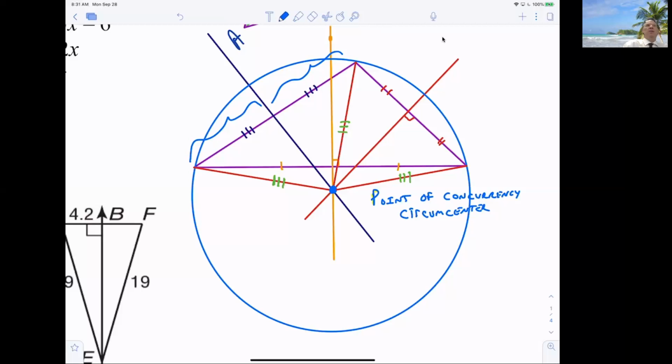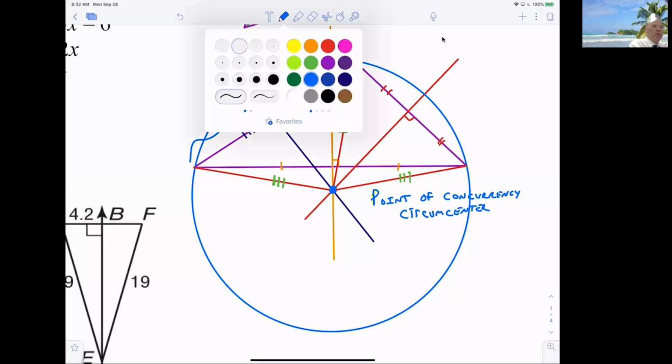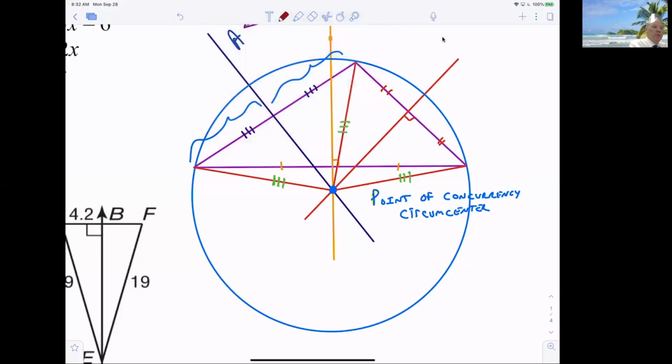Why is it always? So listen now, I know it's not an easy thing to understand, so please listen carefully. I'm trying to show you that that blue dot is on a perpendicular bisector. First, I want everybody to look up. This was a perpendicular bisector, correct?